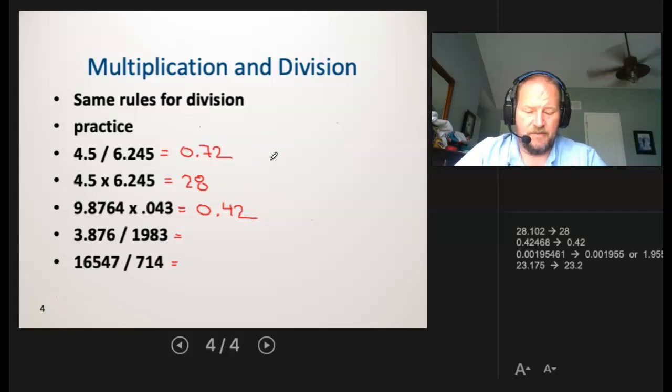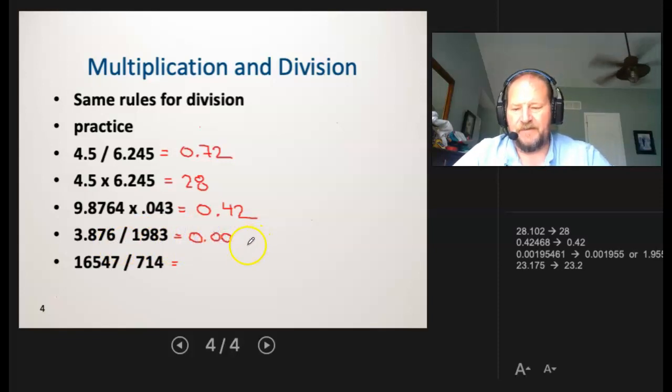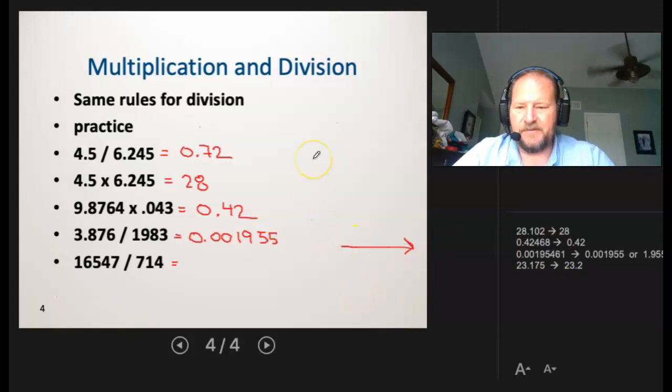And then 3.876 divided by 1983. Now this time I get 4 sig figs. So first we're going to have a whole bunch of zeros here. Remember, those zeros are not significant. So after that we have 1955. And surely those guys over there are the answers.